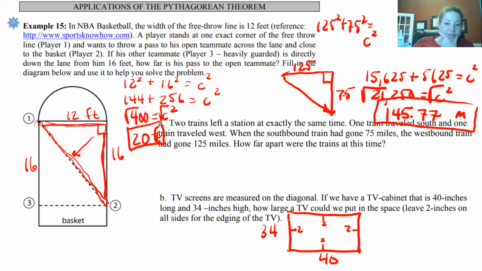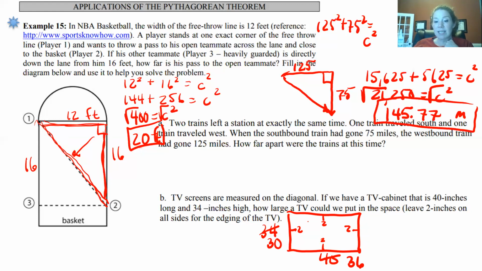If we want to leave 2 inches on all sides, that would be 4 inches short of 40, so 36. And if it's 34 inches tall, but we want to leave 2 inches off the top and 2 inches on the bottom, we can only use a dimension of 30.